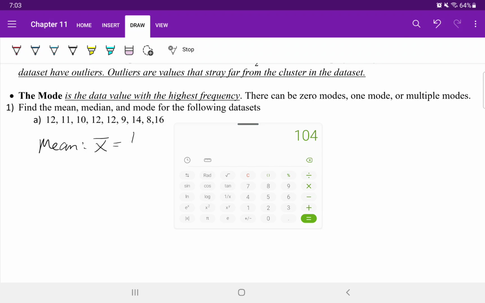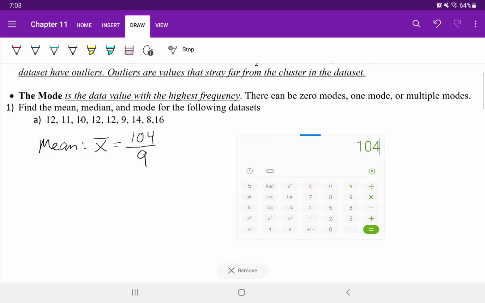That is 104. And then we divide that 104 by the 9 data values in my data set. Let's round to one number after the decimal, approximately 11.6.